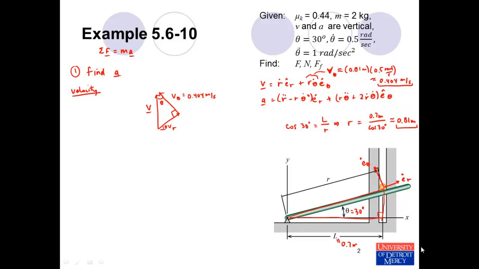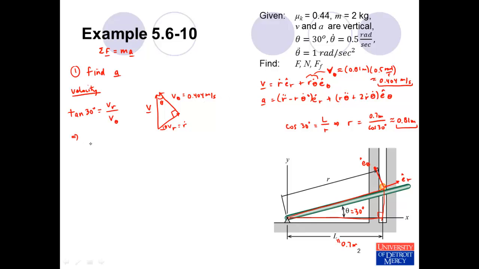Again, using geometry, we can solve for what we're trying to find. Ultimately, we're trying to find this side of the right triangle because we need r dot in order to find the acceleration. We know the side adjacent to this angle, and we want to find the side opposite that angle, so we can use tangent. Tangent of 30 degrees is equal to opposite over adjacent, where we know the adjacent.